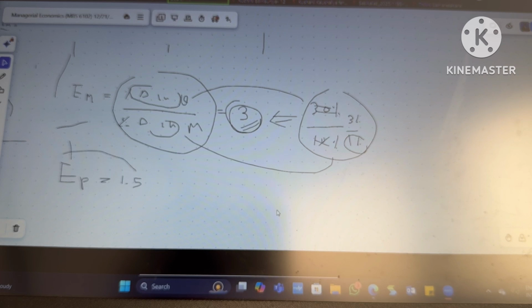And shall we define this one as well? Price elasticity of demand is 1.5. How can you understand this? Interpretation, anybody?